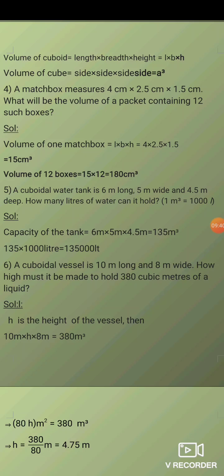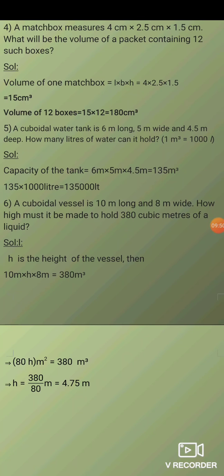Then 10 meter into H into 8 meter is equal to 380 meter cube, which is equal to 80 into H. Now at last we want to find out the value of H, which is equal to 380 by 80 meter, which is equal to 4.75 meter. Clear students? Okay, thank you.